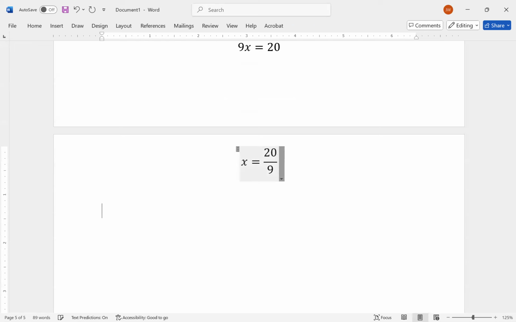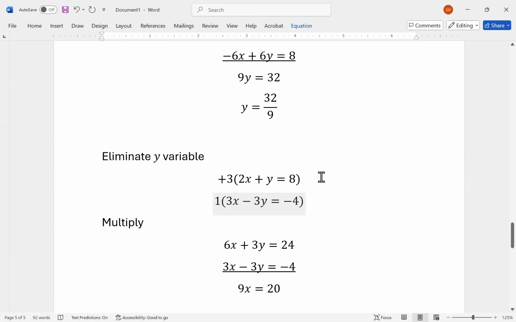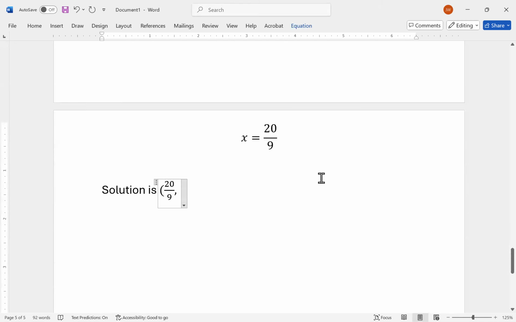So this tells me that my solution is going to be the point 20/9 as the x value, and then 32/9 as the y value.